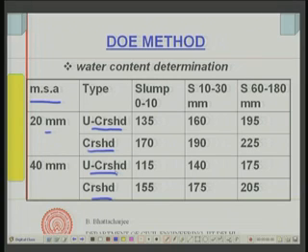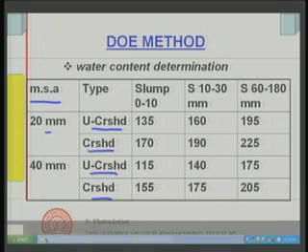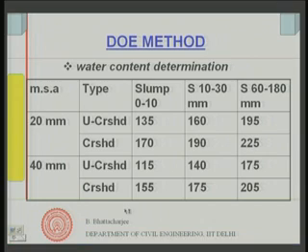Therefore, you can see that the water content can be determined from this table very easily, knowing the MSA and the slump. Corresponding VB times are also given, although I have not included them in the table. Ranges of VB time, in seconds, such as 0 to 6 and 6 to 12 seconds, are also given. So, water content can be simply determined from this table.